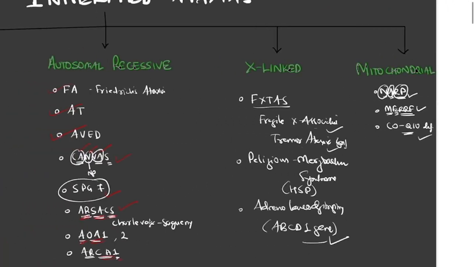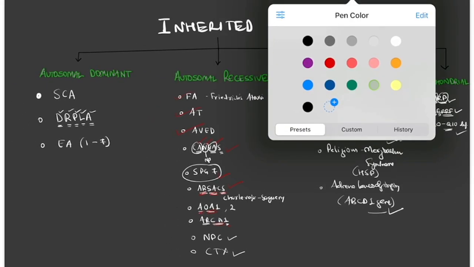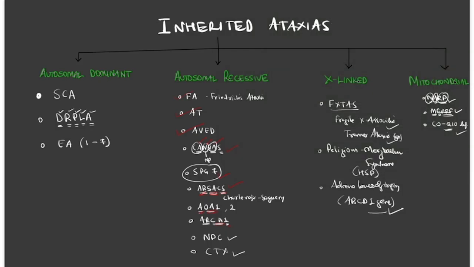So this is the broad overview of inherited ataxias. What you should know importantly is that the most common inherited ataxia among all is the spinocerebellar ataxia. It belongs to the autosomal dominant group, and other autosomal dominant ones include DRPLA and episodic ataxia type 1 to 7.